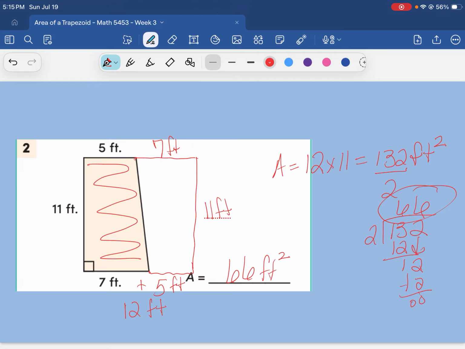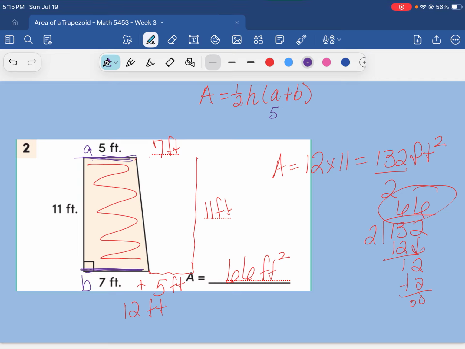feet squared. So let's look at it now using the area formula and see where we get that formula from. Once again, we're looking at our parallel sides, which are this 5 feet and this 7 feet. We'll say the base A is the 5 feet, the base B is the 7 feet.